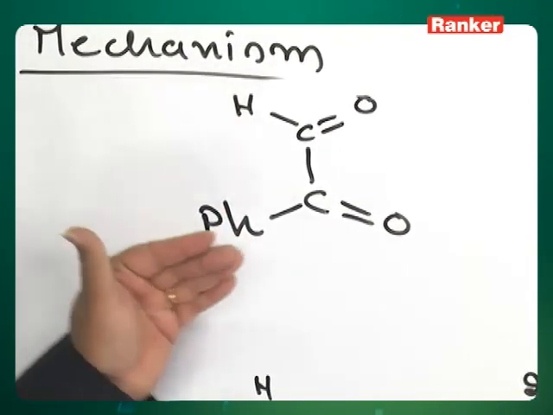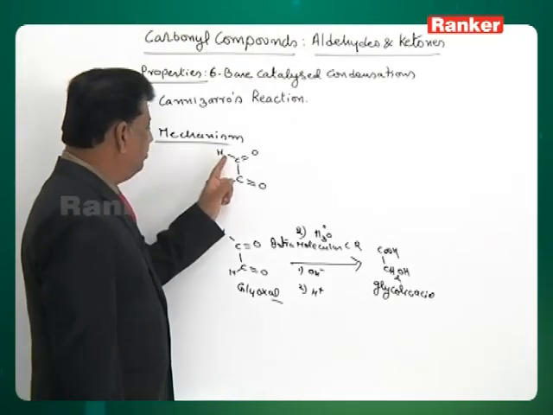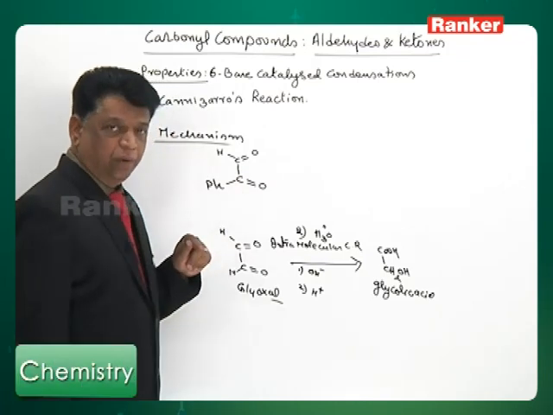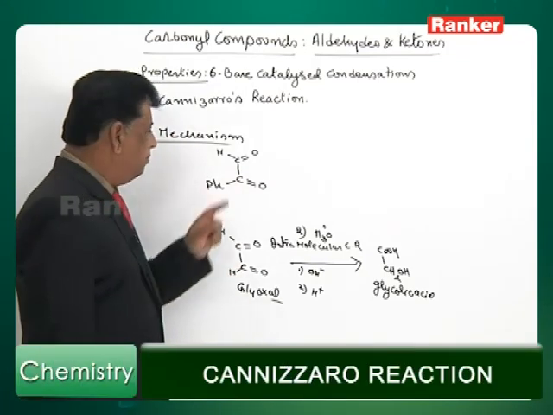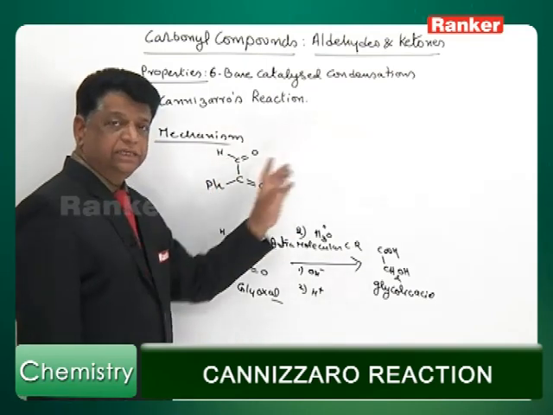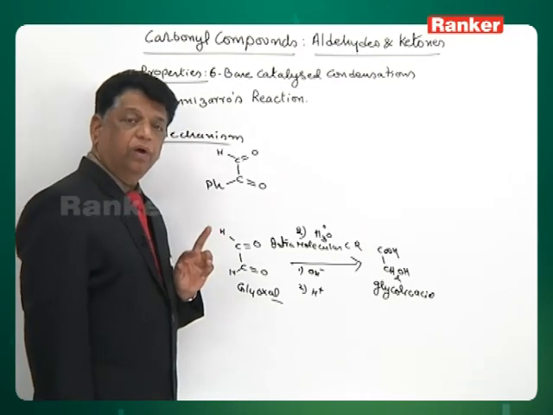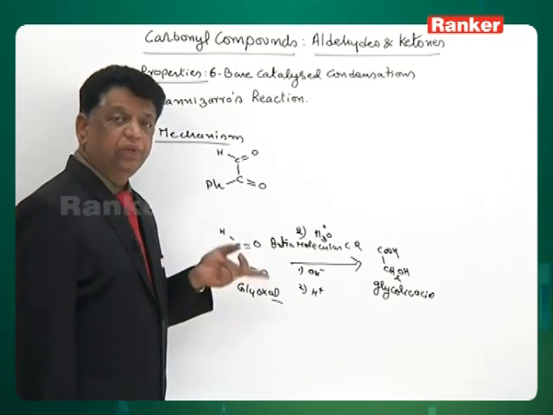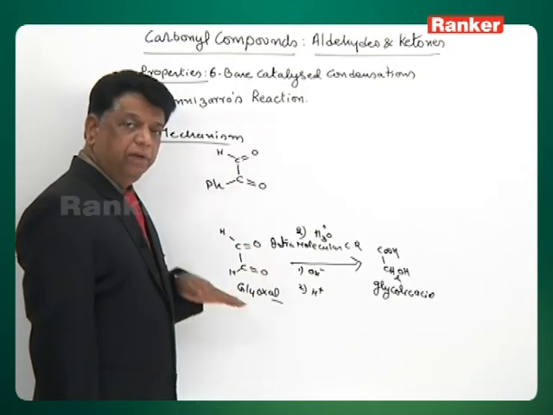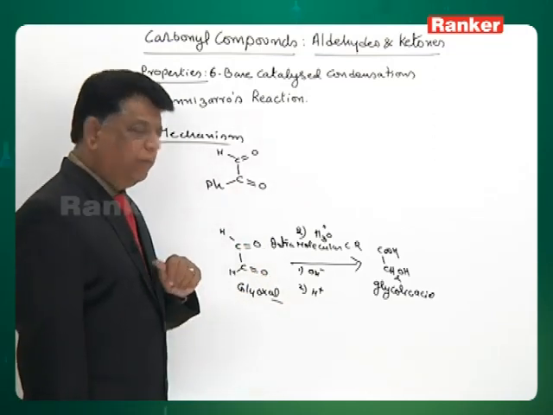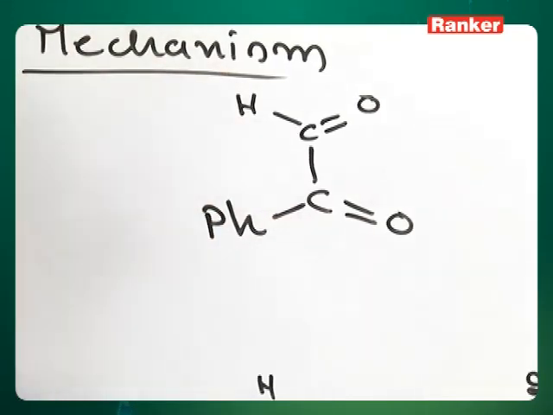So, once again it is eligible for the Cannizzaro reaction, but one is aldehyde and the other is ketone. As per the rule, ketones will not participate, but when the aldehyde undergoes oxidation, the ketone undergoes reduction. I said ketone oxidation is difficult, that is why ketones do not participate, but here the ketone participates and becomes an alcohol, no problem. So, this part undergoes reduction, and this part undergoes oxidation.